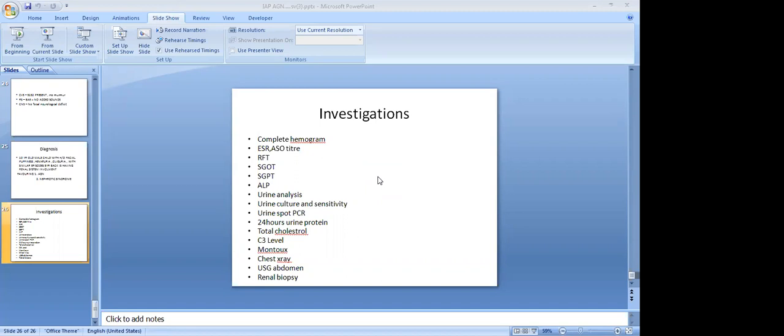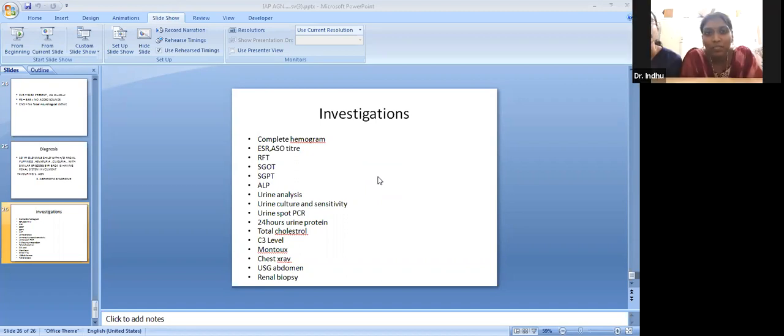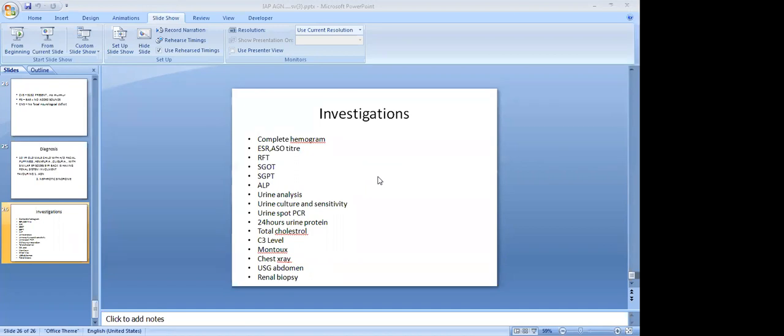Follow-up, you mean? Okay, what else? Yeah, so what are the features of Alport in the eye? Lenticonus, cataract, macular dystrophy, macular flecks. Okay, so you'll have to look for all these things in the eyes.